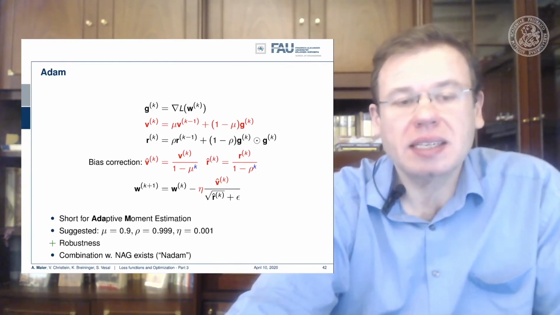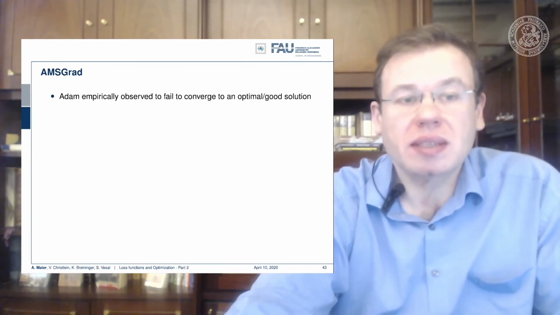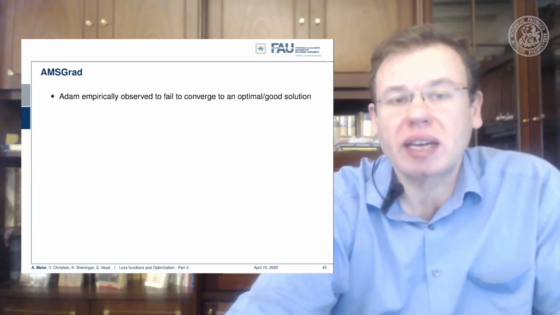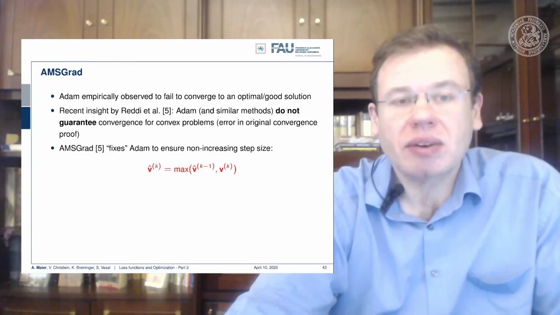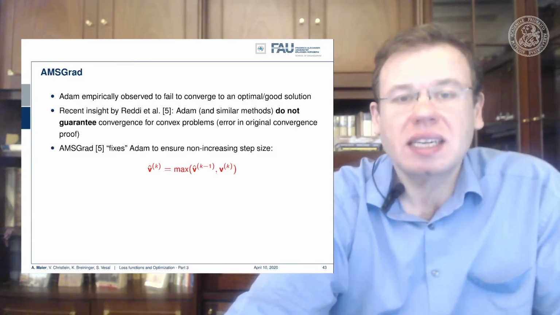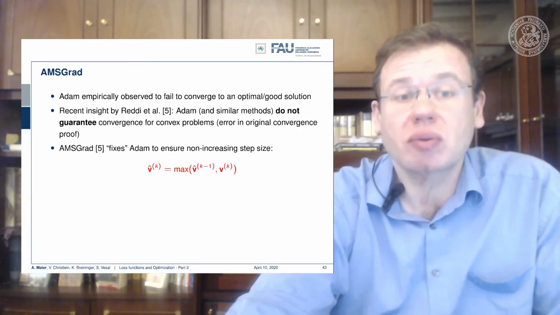You can combine it with the Nesterov accelerated gradient and you get Nadam. But still you can improve on this. And this is then AMSGrad. So AMSGrad is another improvement on Adam, because Adam was empirically observed to fail to converge to optimal or good solutions. And in reference 5 you can even see that Adam and similar methods do not guarantee to converge for convex problems, because there's an error in the original convergence proof.